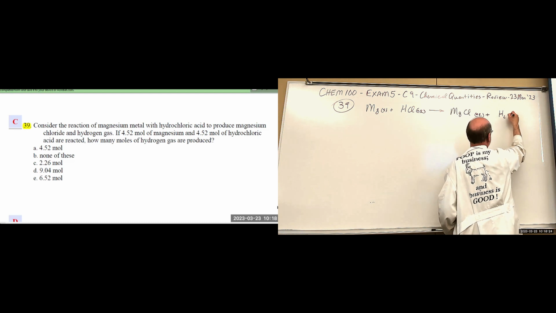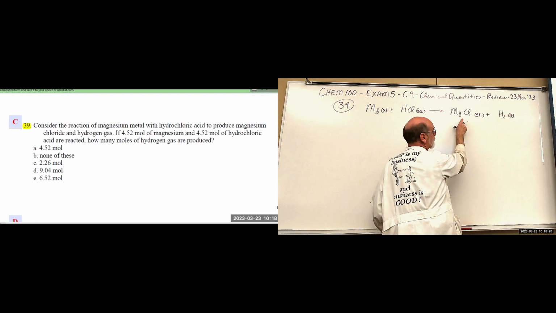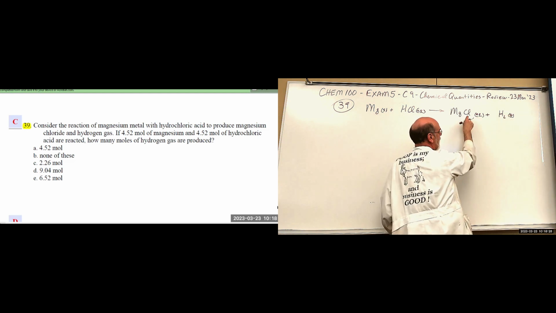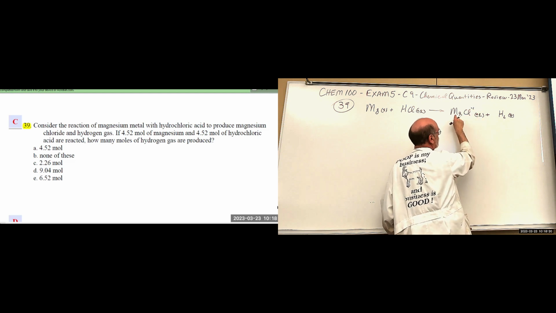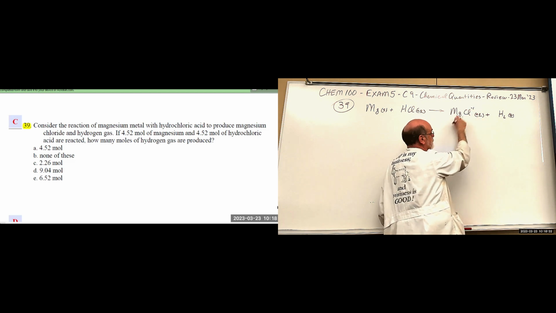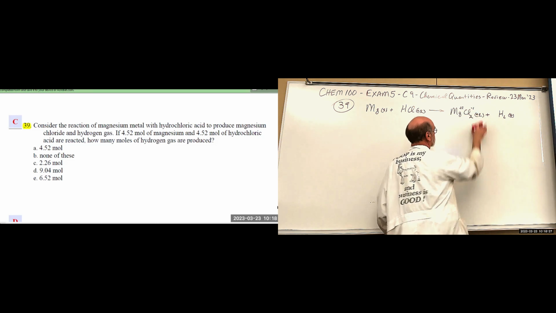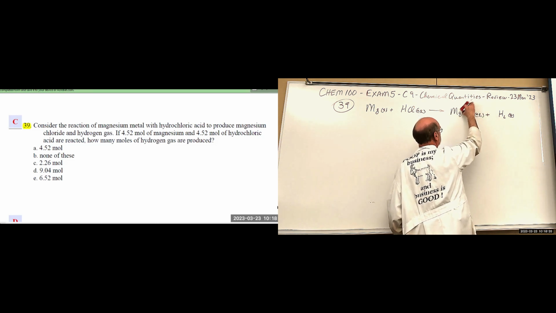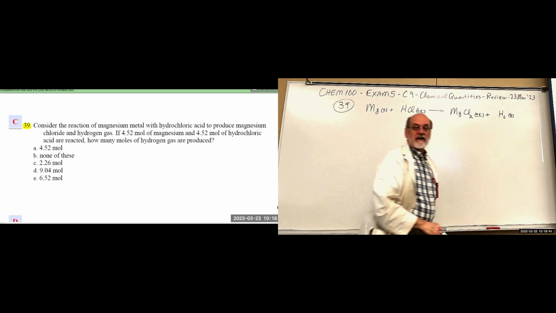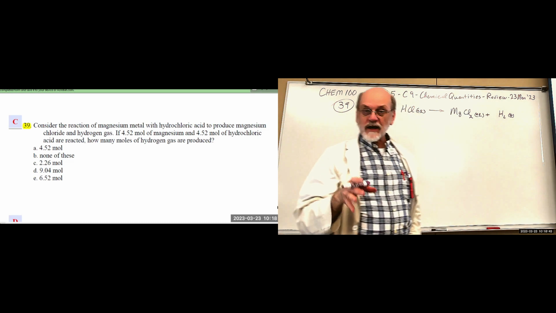That has to be diatomic. And this one has to be written correctly also. Halogens, -1. Alkaline earths, +2. That means we need a 2 right there. That's the first problem. Write your compounds and your elements correctly.